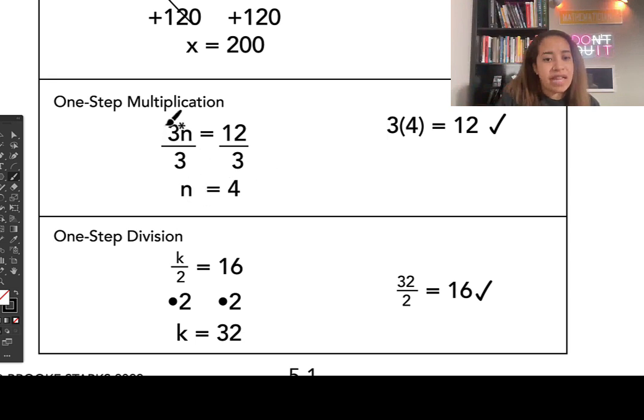So now I've got n all by itself on the left side, and then on the right side, 12 divided by 3 gives us 4. Again, I can double check my work by plugging in my solution in for n in my original equation. 3 times 4 does give us 12, so 4 is the correct solution.